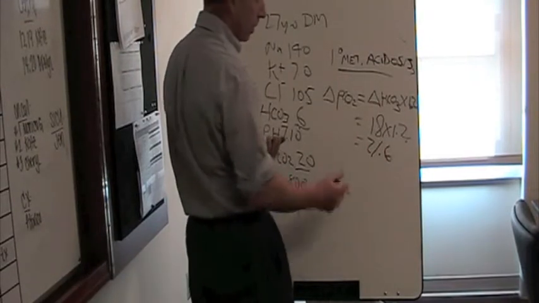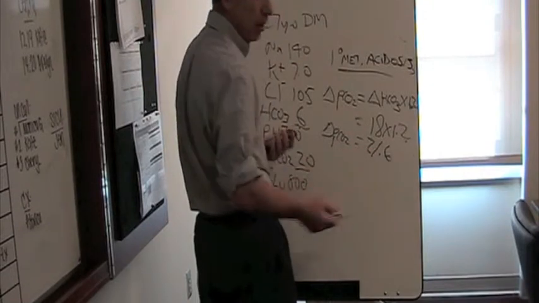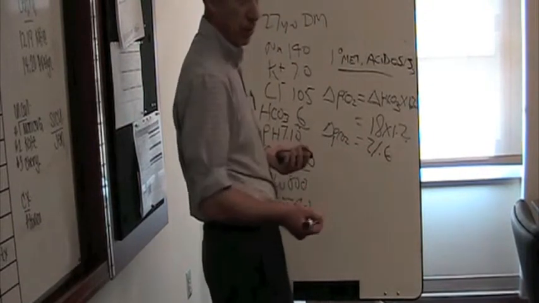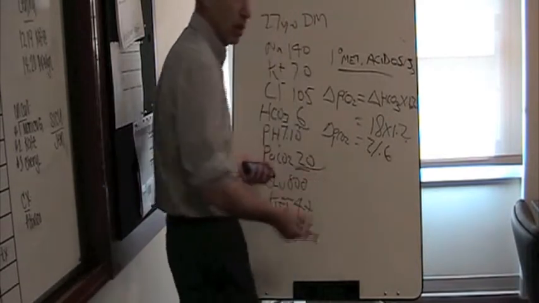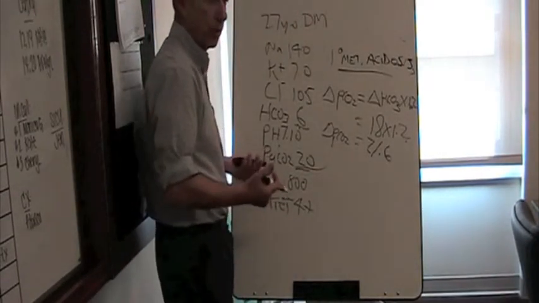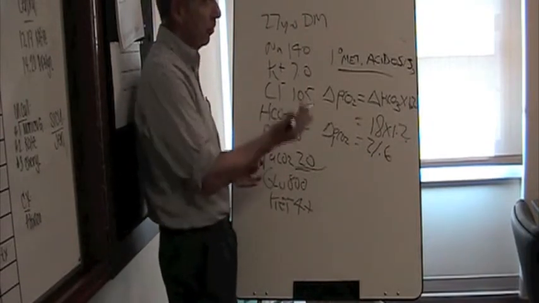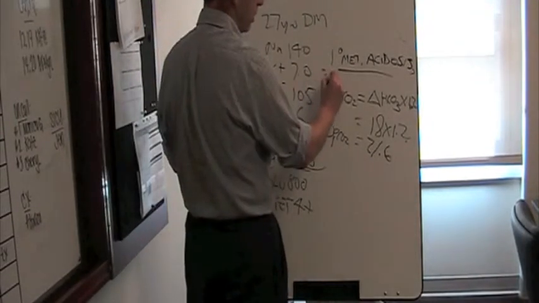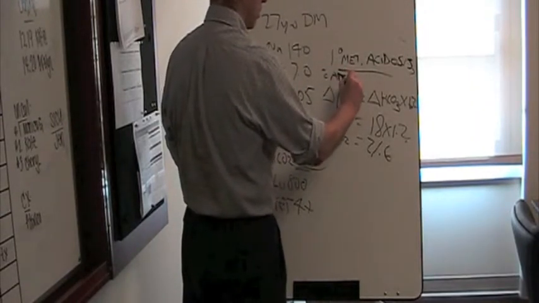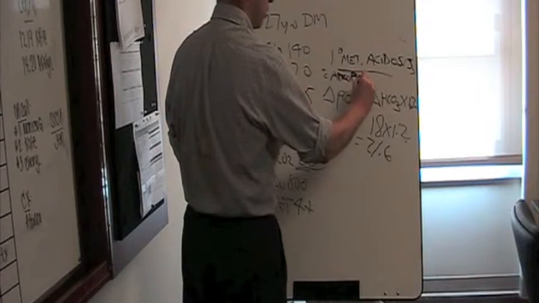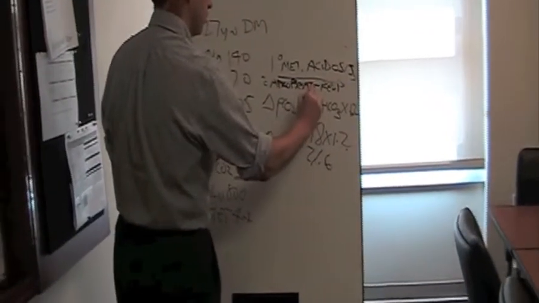So the change in PCO2 should be about 21, and that would give you a PCO2 of 19, and it's 20. So it's pretty close. So what would you say? It's appropriate compensation. So you have a primary metabolic acidosis with appropriate respiratory compensation.